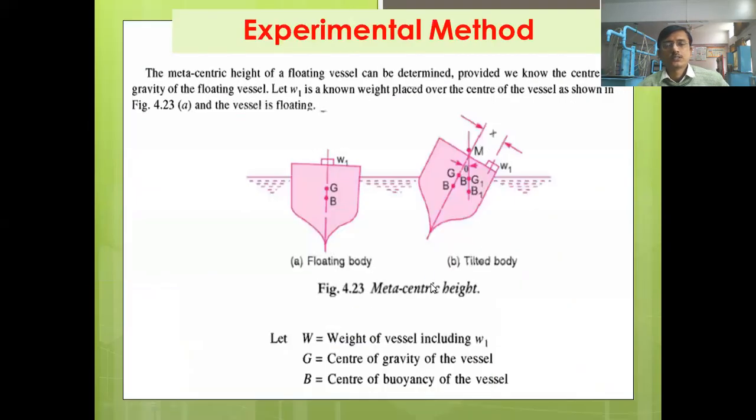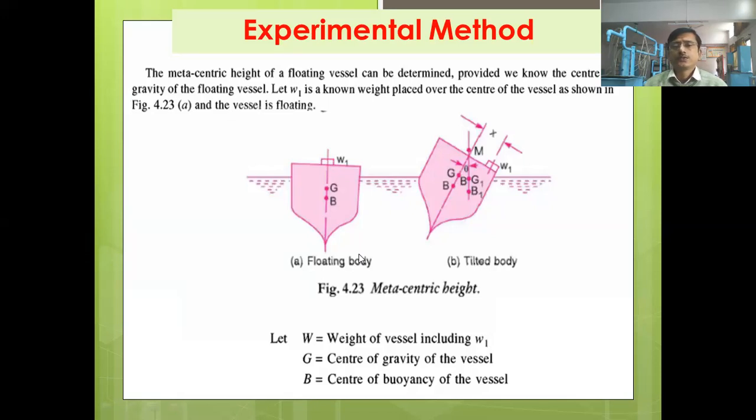So now we will see the next theory part, that is how to find metacentric height by using the experimental method, or how to derive this equation for finding the metacentric height practically. Whatever formula we have used has been derived by this experimental method, and we have used that formula to find the metacentric height of a floating body.